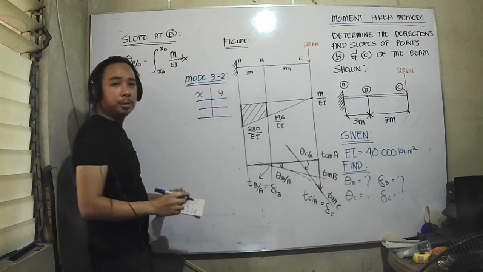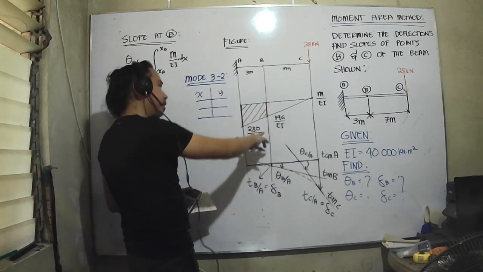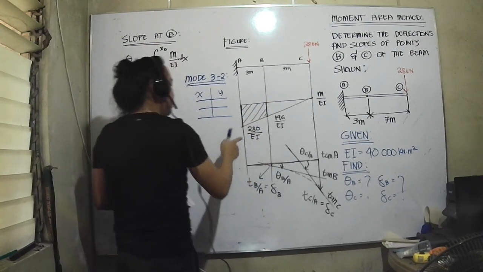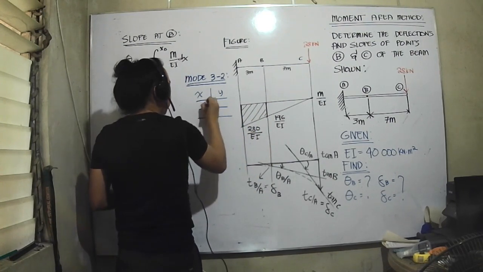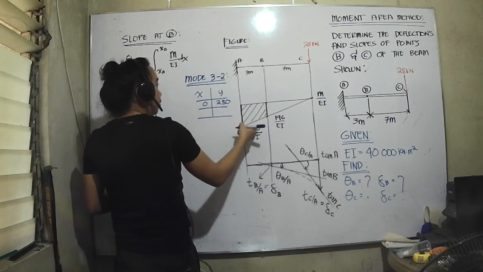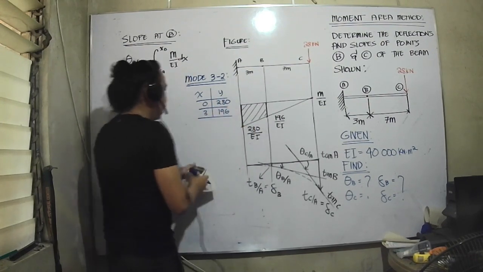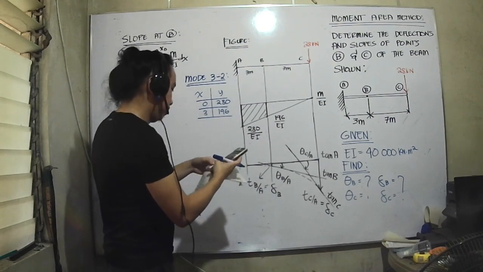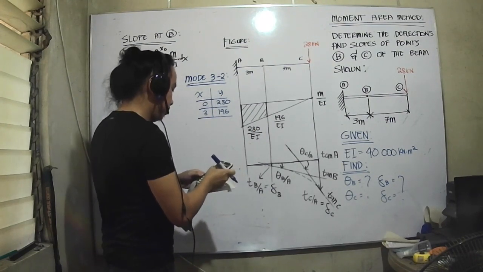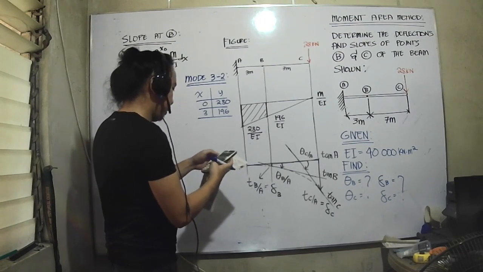I need 2 points to define my line. I only have 2 points: at 0, that is 280, and at 3, that is 196. I input 280, then 196.